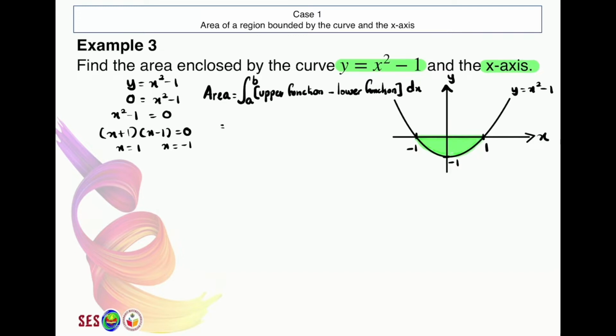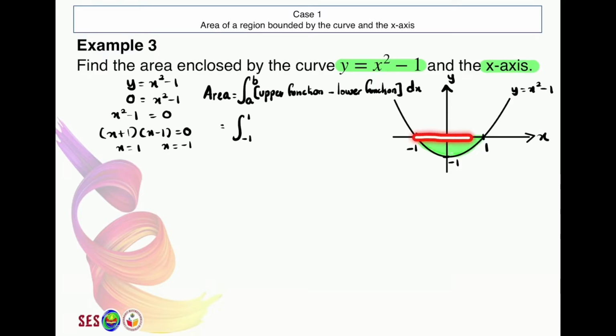Let's see what we have here. The interval would be from -1 to 1. Now what is our upper function and what is our lower function? You have to determine your upper function by looking at what you have sketched just now.